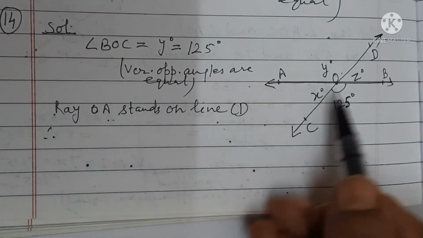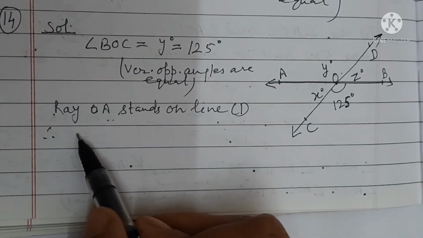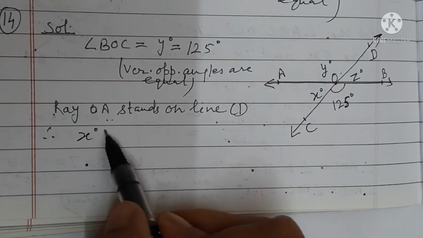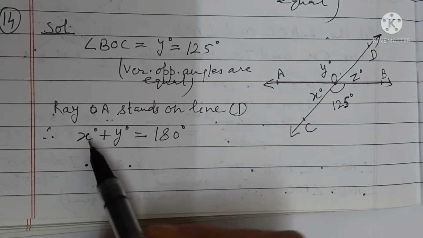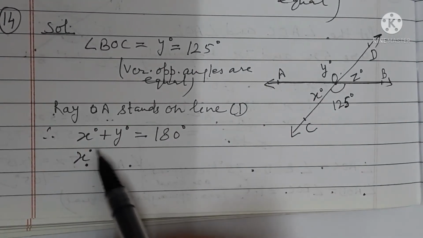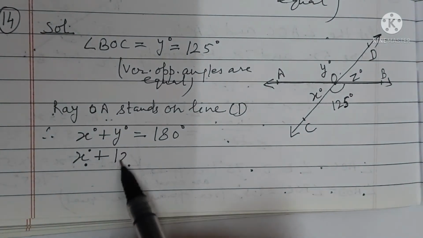Therefore, they form linear pair. So right here, X degree plus Y degree is equal to 180 degree, and X is unknown and Y we have already got.